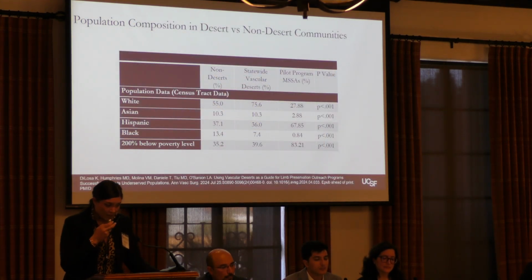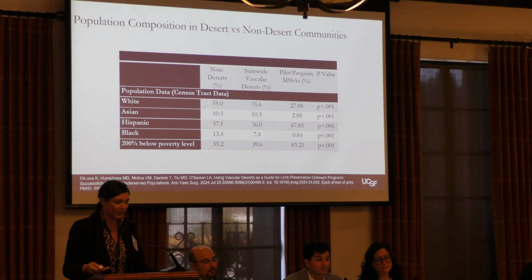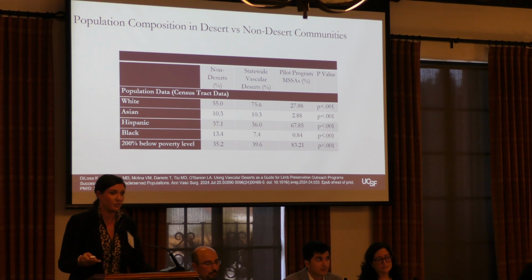So you can look here, and we looked at the MSSAs for this pilot program and compared them to statewide vascular deserts as well as non-deserts, and you can see that there was a significantly lower rate of white and Asian patients, a higher rate of Hispanic patients, and a huge rate of higher percentage of patients being 200% below the poverty level.